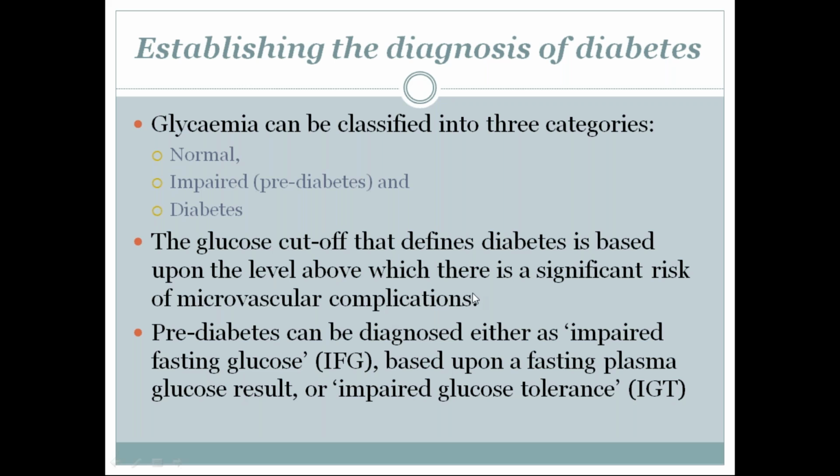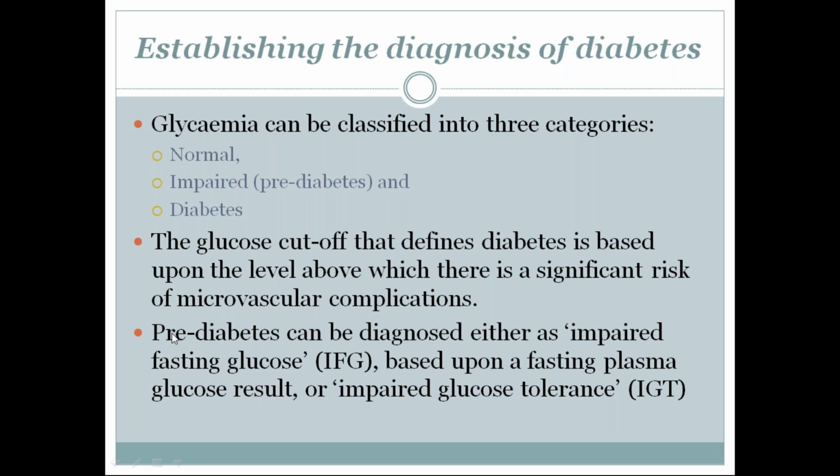The definition says above which glucose concentration in the blood causes complications to the patients, mostly microvascular, followed by macrovascular complications.